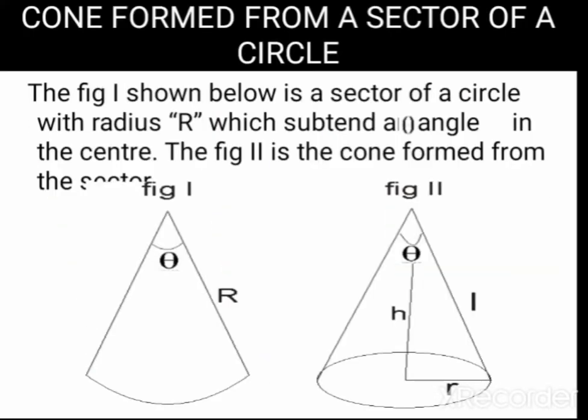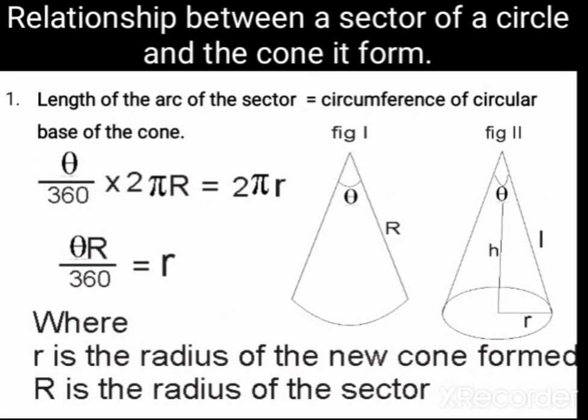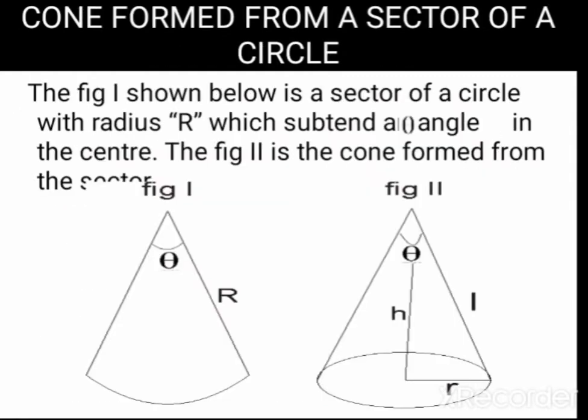So let us look at the relationship between a sector of a circle and the cone it forms. If you look at the practical section we just did, we have two radii and our arc.